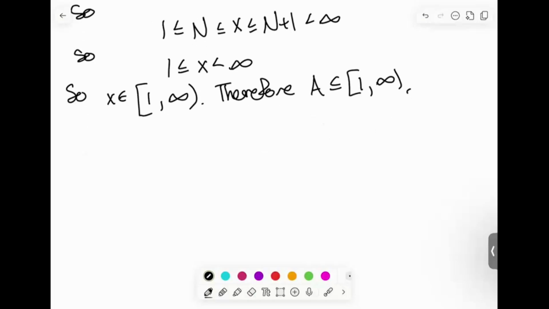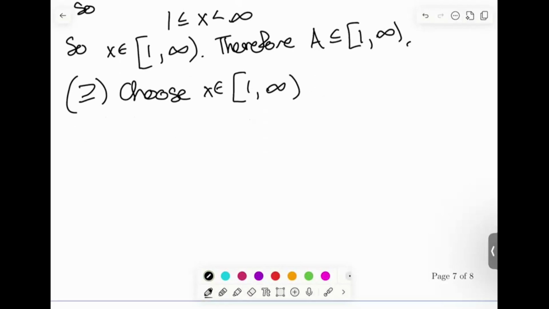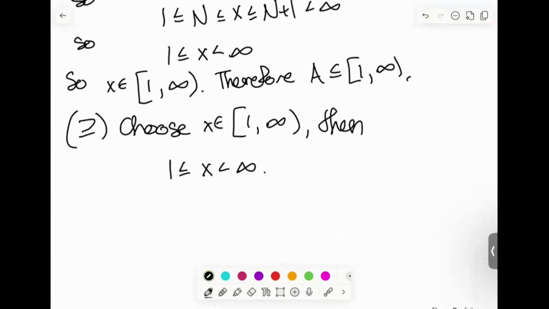Okay, now I've got to show the other way. You can use the same variable, you could use a different variable, whatever you want to do. It's fine. Then x is between 1 and infinity, including 1. There's a bunch of different ways we could do this, but what we can do is think, what is the floor of x?